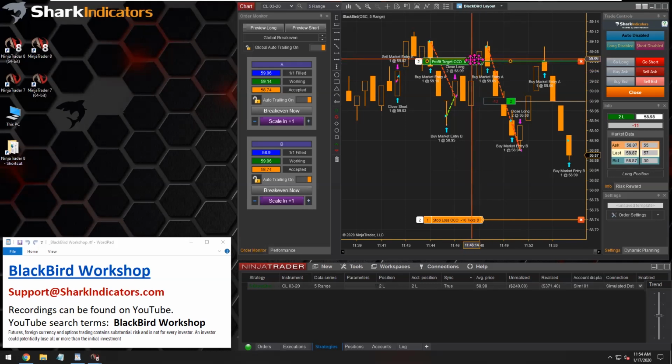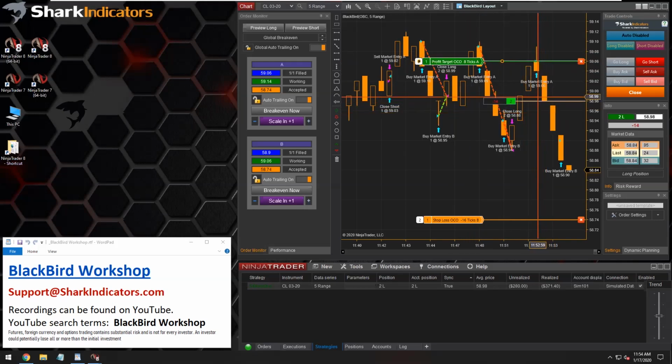Again, I just want to emphasize that is coincidence because we're using two market entry orders here. Once you factor in some slippage during live trading, there's definitely going to be a tick or two difference between these profit targets. So, all right, there, we got that working.